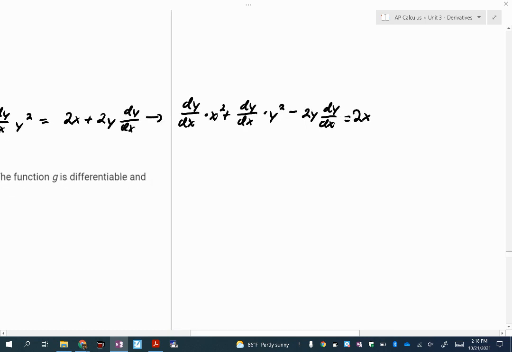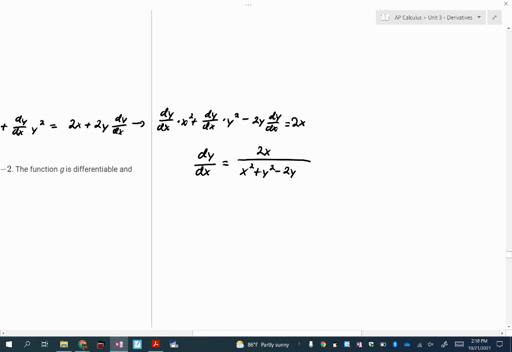Factor out the dy dx's and divide everything over, and you get 2x over x squared plus y squared minus 2y. I did skip a step there, so I apologize for missing the algebra.